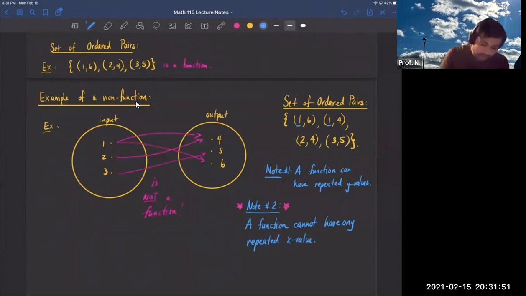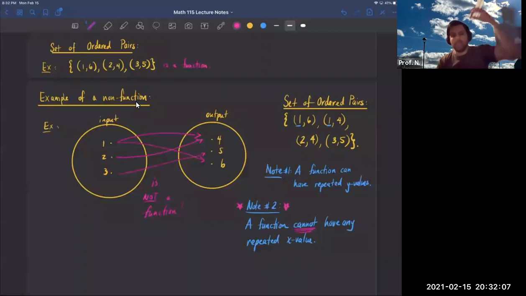The key word here is cannot. You cannot have any repeated x value. If you express it as a set of ordered pairs, or if you have an input-output system here, you can't have repeated x values, because that would mean that the input has more than one output, because you're repeating the input value more than once.